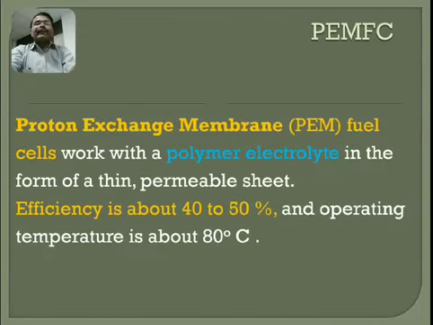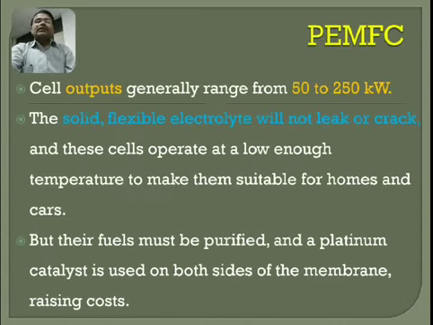These fuel cells work with some polymer material as electrolyte in the form of a thin and permeable sheet. The efficiency is about 40 to 50% and the operating temperature is around 80 degrees Celsius. These cells have output in the range of 50 to 250 kilowatts. The electrolyte is solid and flexible, and that's why it will not leak and there will be no cracking in the electrolyte.